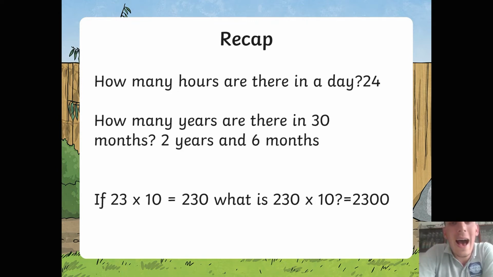Excellent. So, how many hours are there in a day? Okay, there are 24 hours in a day. How many years are there in 30 months? Okay, there are 2 years and 6 months. Now, the way I work that out is because I know that in 1 year, there are 12 months. In 2 years, there are 24 months.